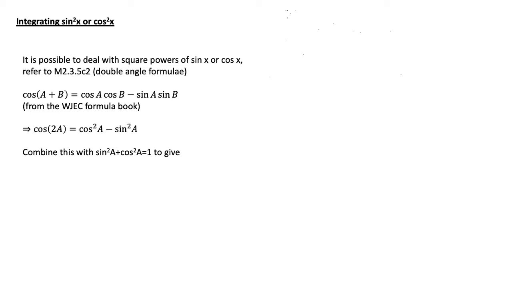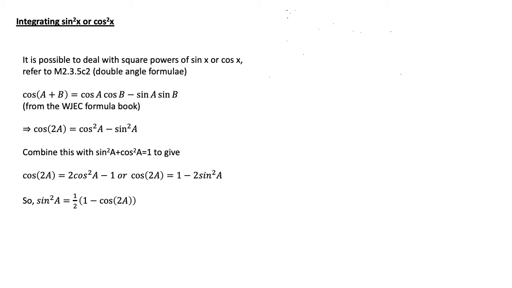It doesn't make any difference, and I can replace either the sine squared or the cos squared in my cos 2A version, and therefore my cos 2A will become either 2 cos squared A minus 1, or the cos of 2A is 1 minus 2 sine squared A. It's a relatively straightforward substitution in there to get either one of those.